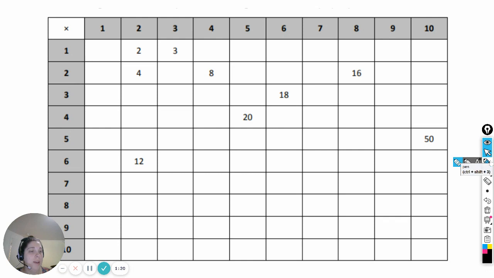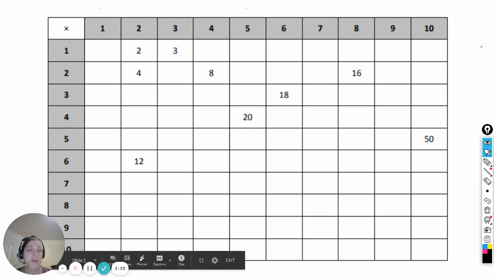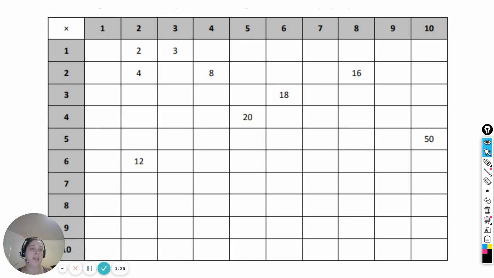So we're going to go ahead and fill in this chart. I'm going to ask you to do some participation along the way, but first I'm just going to show you how it works. Here in the first row, we're going to start with what we already know. We have already learned how to multiply by 1, 2, 3, 4, 5, and 10, so we can fill in all those rows already.